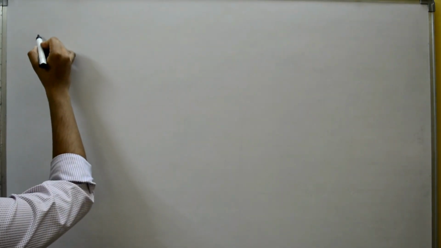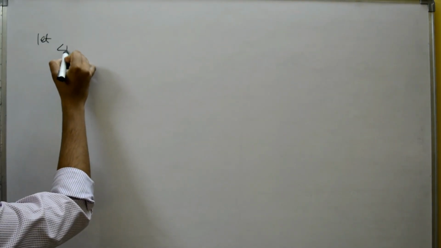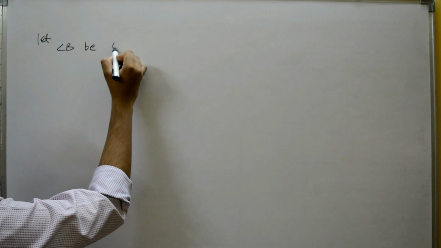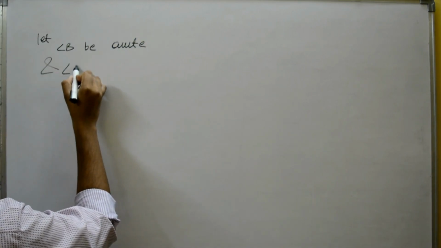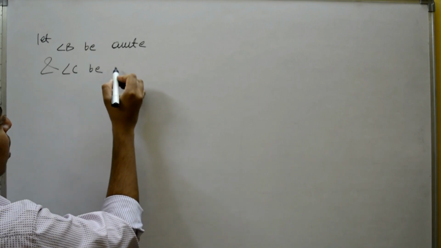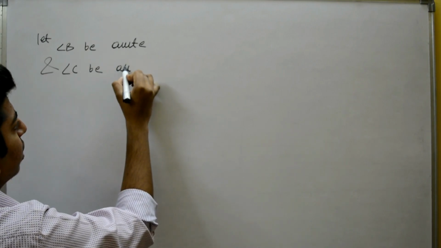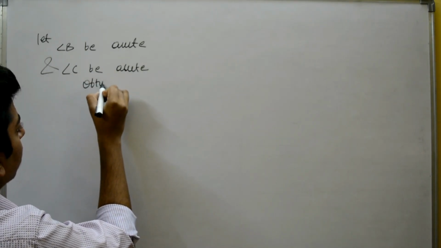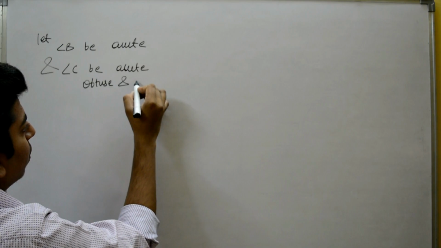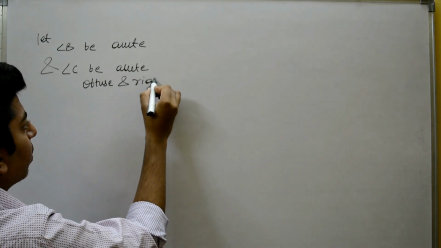So next is the sine rule. For the sine rule, let angle B be acute and angle C be acute, obtuse, and also a right angle.